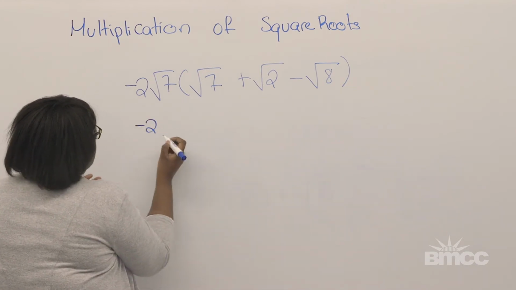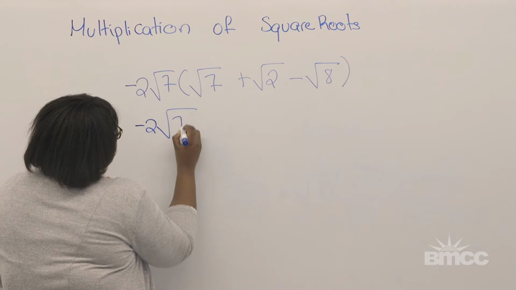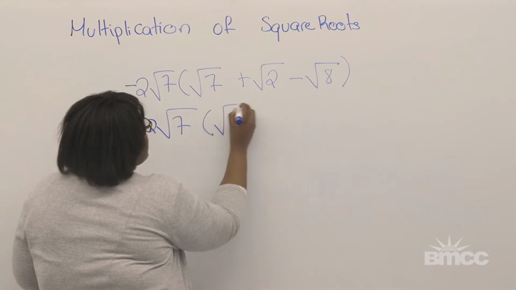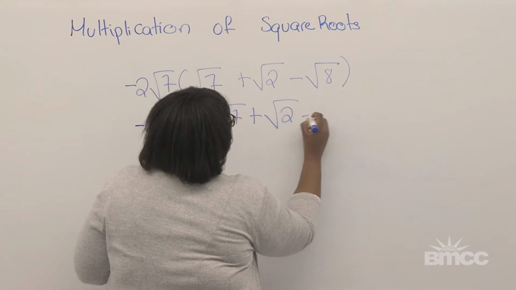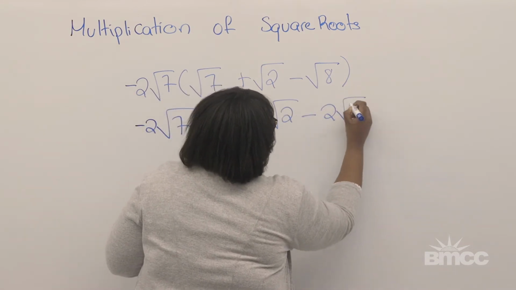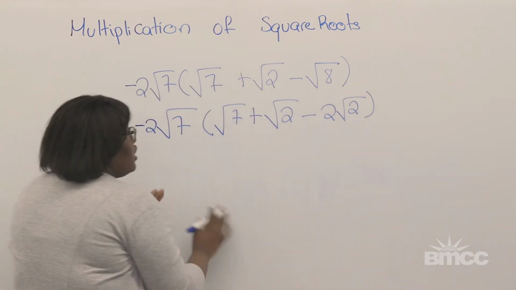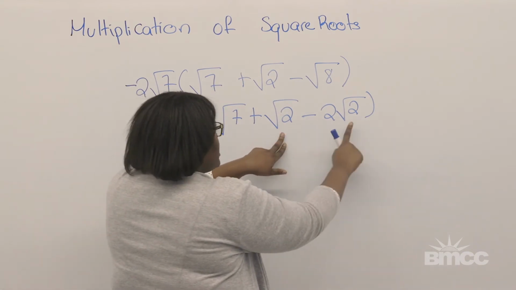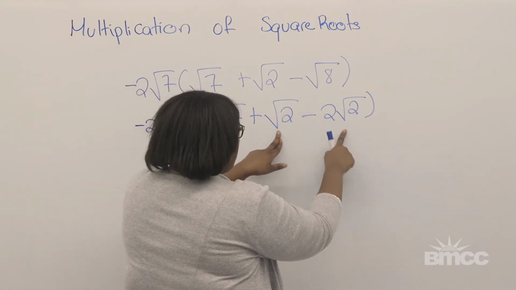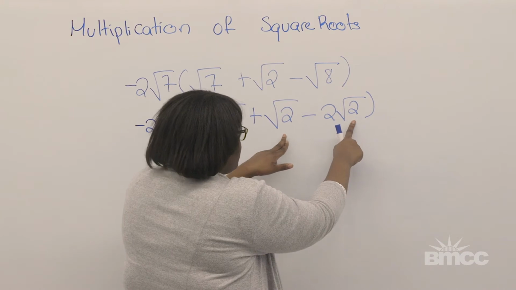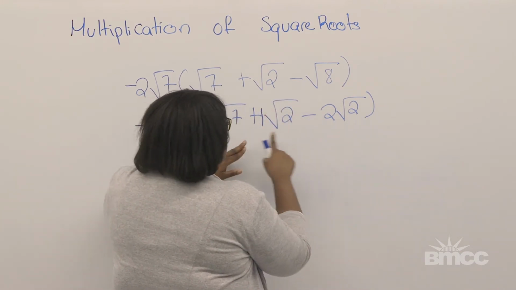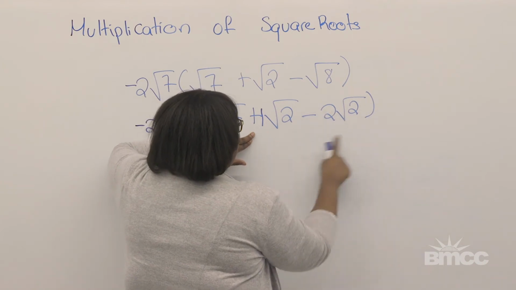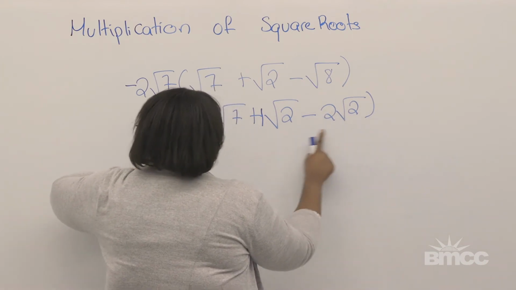So this would be negative 2 times the square root of 7 times the square root of 7 plus the square root of 2 minus 2 times the square root of 2. Now, as you can see, these two expressions both have square root of 2 beside it. And as we know, right here is an imaginary 1, so we're going to simplify these two expressions.